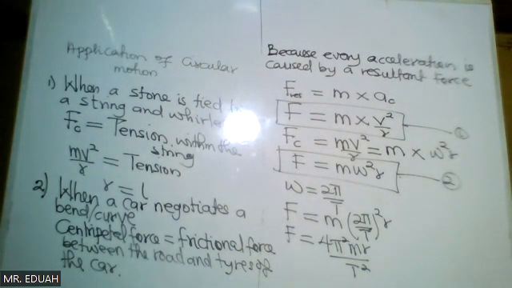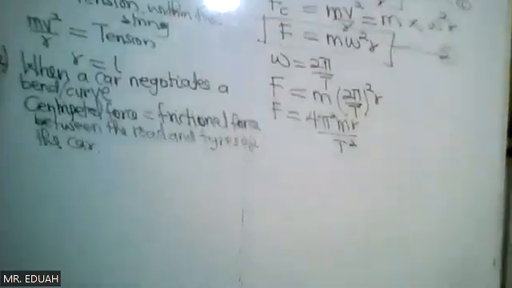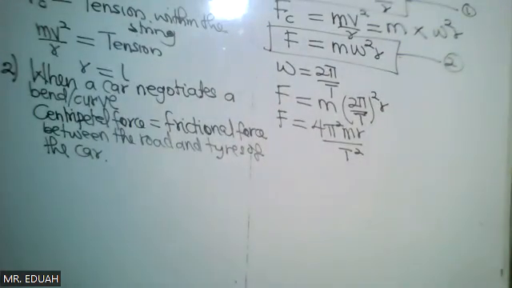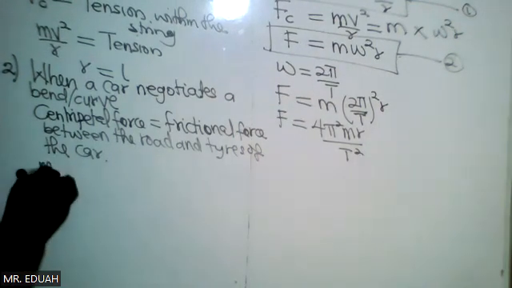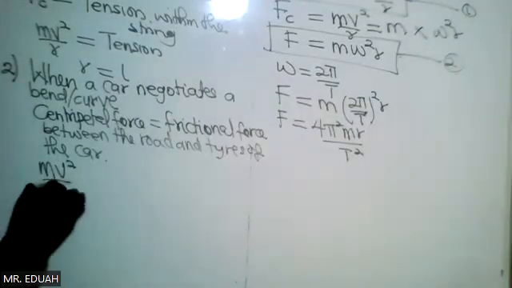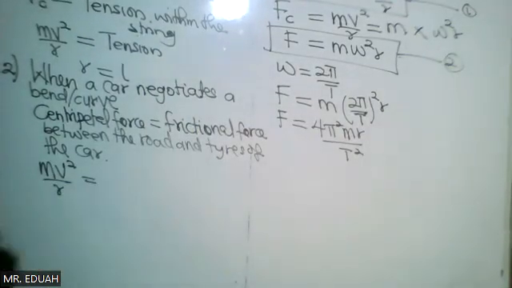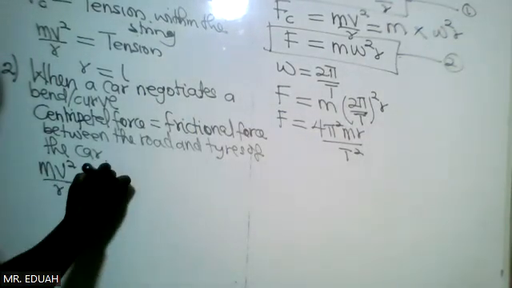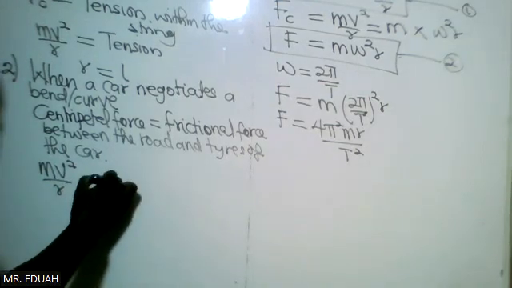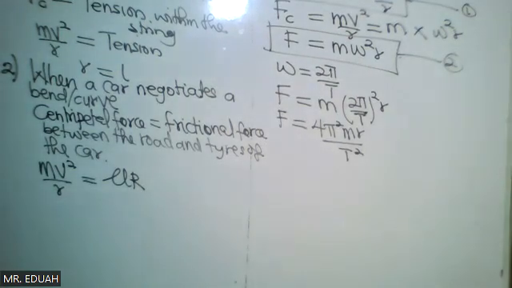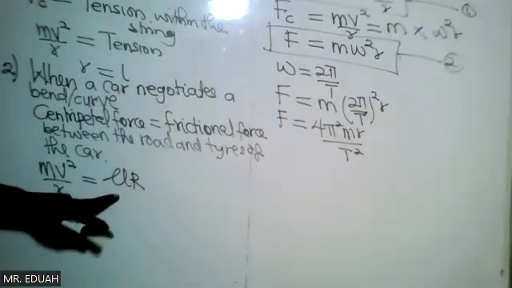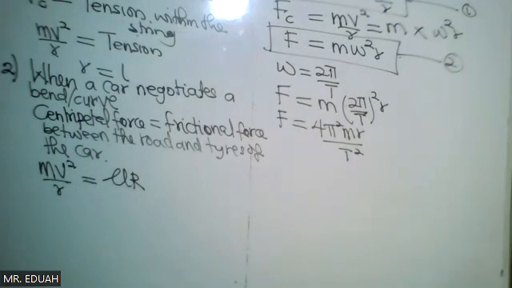So if this is what provides the centripetal force, then we can say that mv squared over r is equal to friction. And frictional force is given by mu times the reaction, the coefficient of static friction times the reaction.